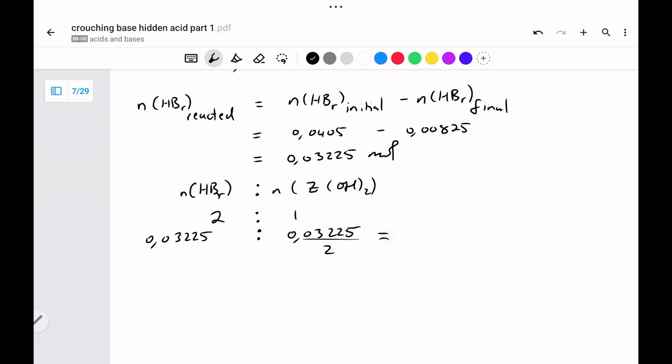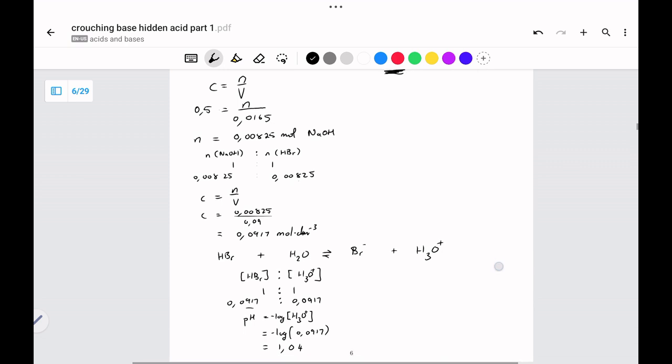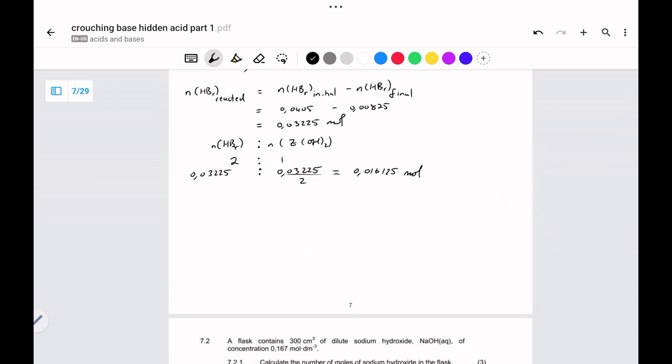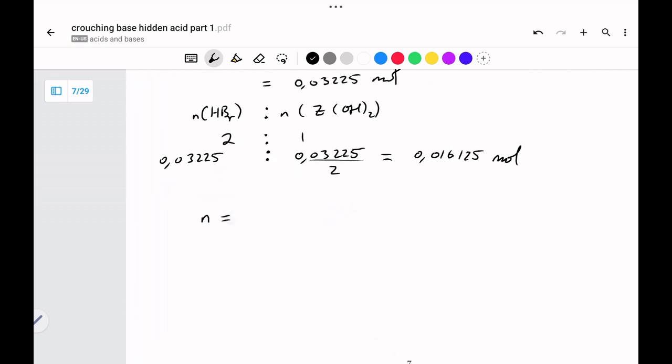And this gives me this number of moles. And now last step, they wanted the mass. We have the number of moles.